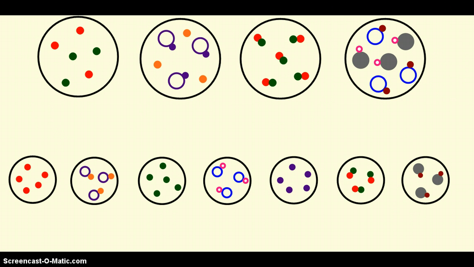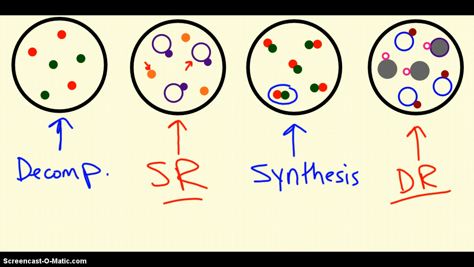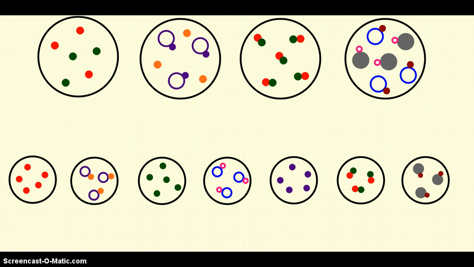Another example, I've got those pictures up at the top again. So we see the four reaction vessels that we just saw previously. At the bottom now I have different reactants. So the question is, which reactants are used to create those products?